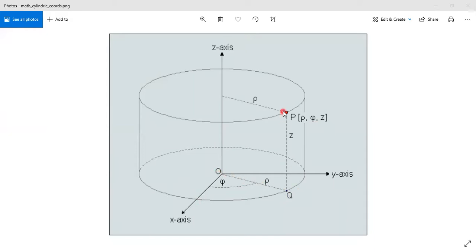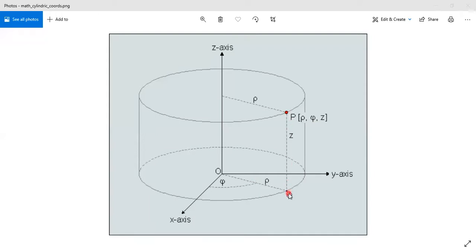And what is Q? Q is the point P dropped on the xy plane. Correct? This line PQ is perpendicular to the xy plane.